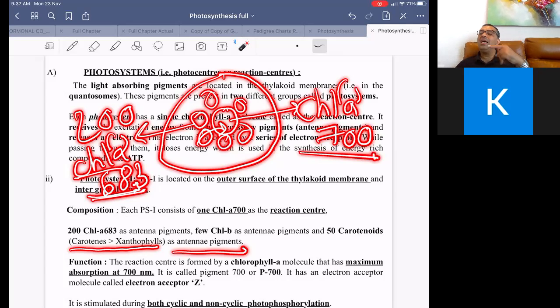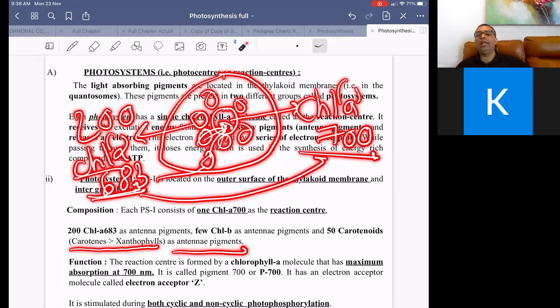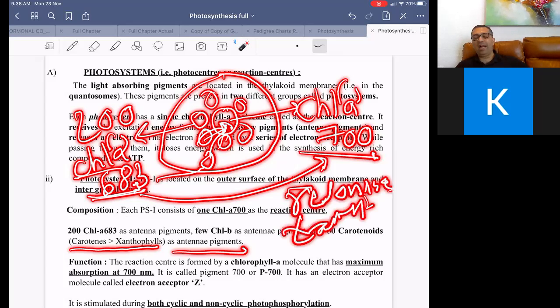And by resonance transfer the energy is donated to chlorophyll A 700 का electron, and the electron returns back to chlorophyll A 683. So that is chlorophyll A 683.